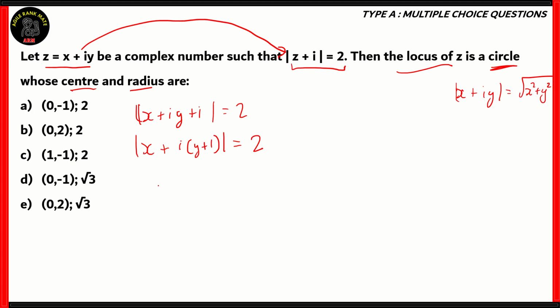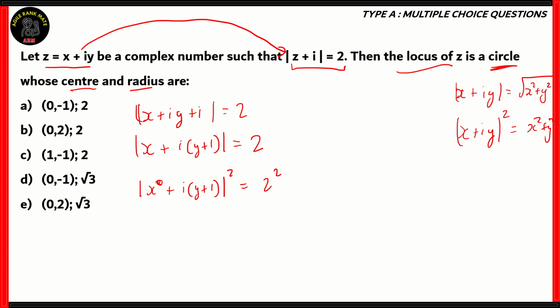So basically, when we square both sides, we get modulus of x plus iy squared as x squared plus y squared. So yeah, let's square both sides. So the modulus of x plus i times y plus 1, the whole squared, is equal to 2 squared.